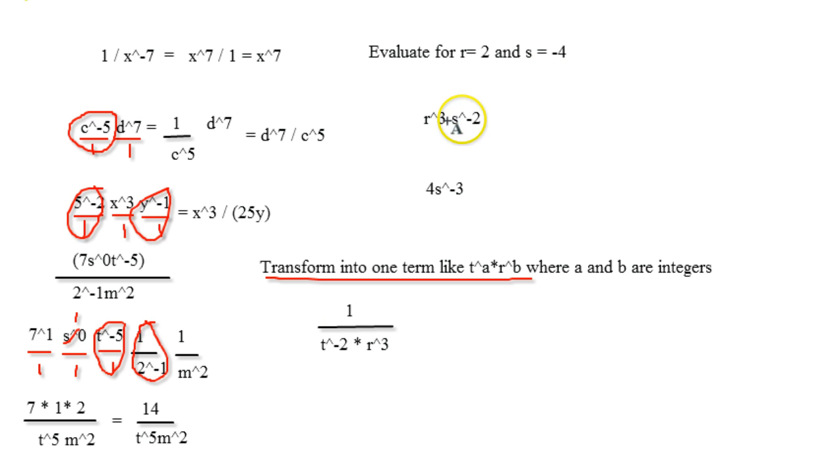Now, if you have to evaluate, what I strongly recommend is pick one method: either plug in and then evaluate, or get rid of the negative exponents first and then plug in. I'm going to strongly recommend rearranging without negative exponents, and then plugging in your actual numbers and finding it out. So this one's going to stay, the r cubed is just going to stay up top, but I'm going to divide by s squared.